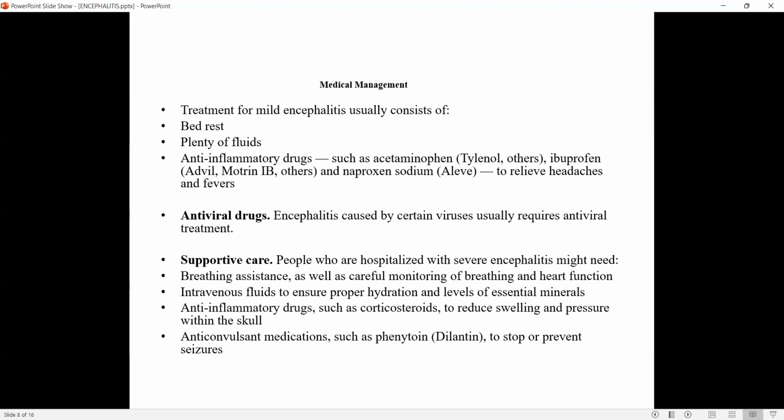Antiviral drugs: encephalitis caused by certain viruses usually requires antiviral treatment.